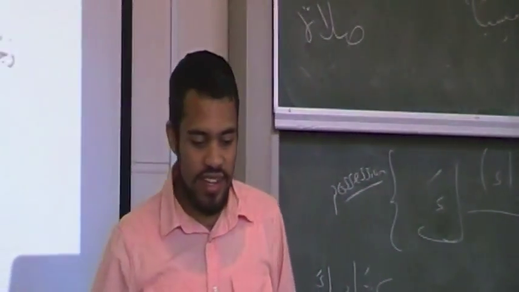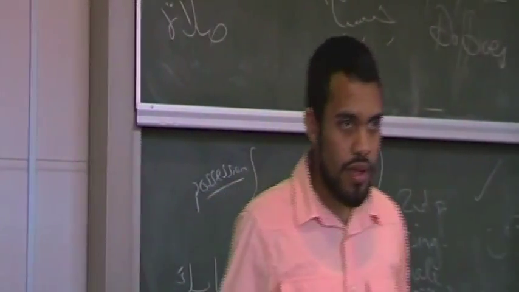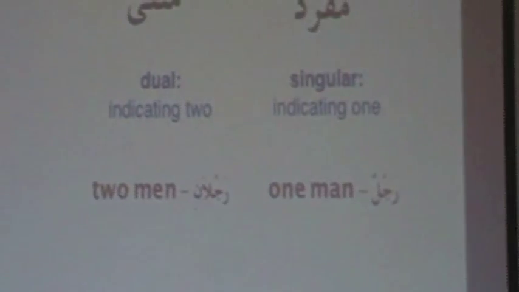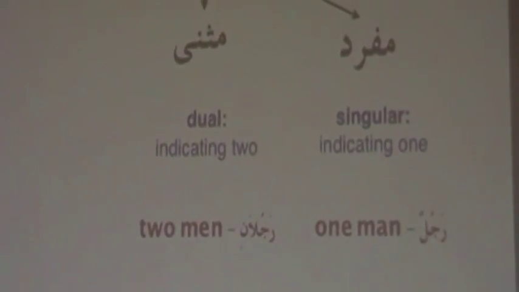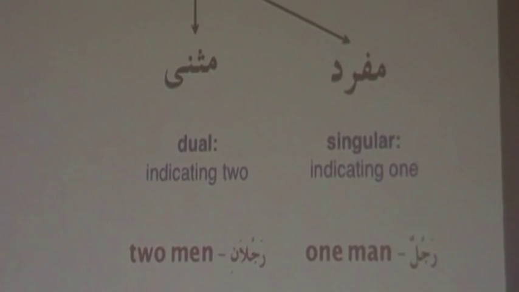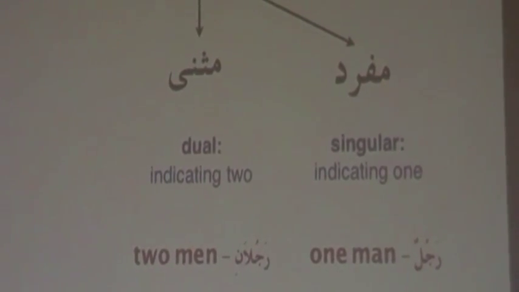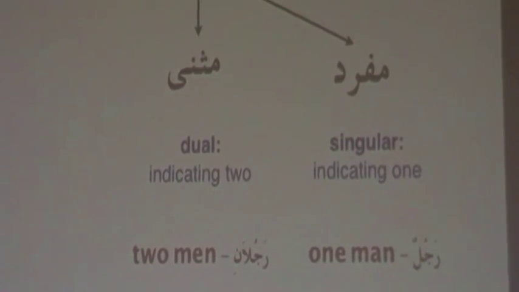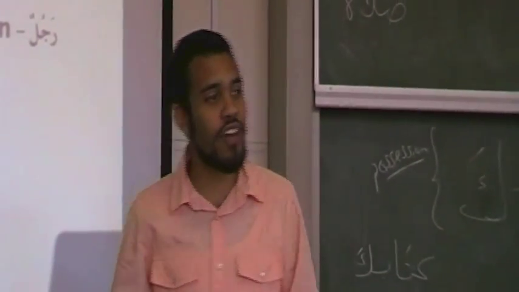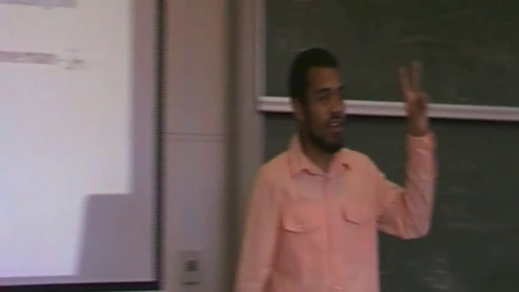In English we've got singular and 2 or more. In Arabic we've got 1, 2, and 3 or more. Understand? So the singular is firstly mufrad. Then we have something called the dual.